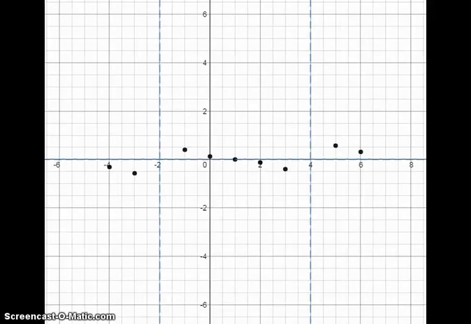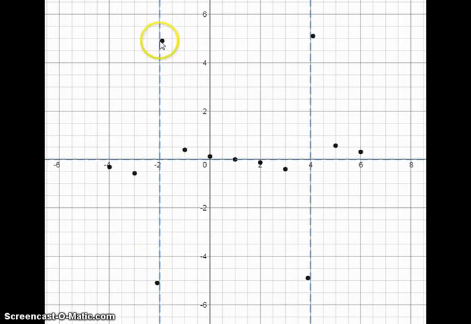So here are 4 points that are near our asymptotes. Here are 2 points near our x equals -2 asymptote, and here are our 2 points near our x equals 4 asymptote. So just like we expected, this is going to decrease sharply.